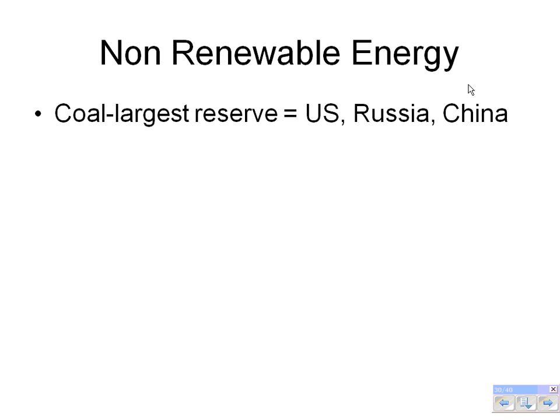Coal is the dirtiest of the three fossil fuels. Coal produces high amounts of sulfur dioxide, as well as mercury. So the combustion of coal produces sulfur dioxide, mercury, along with carbon dioxide, carbon monoxide, and the other emissions that we talked about with air pollutants.